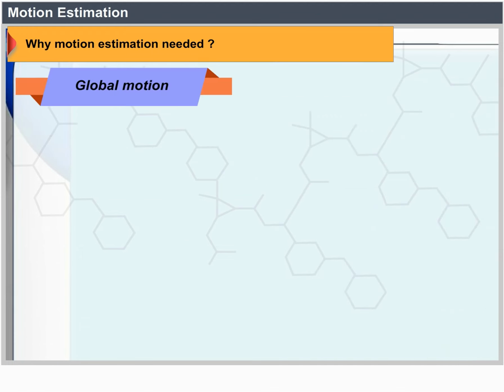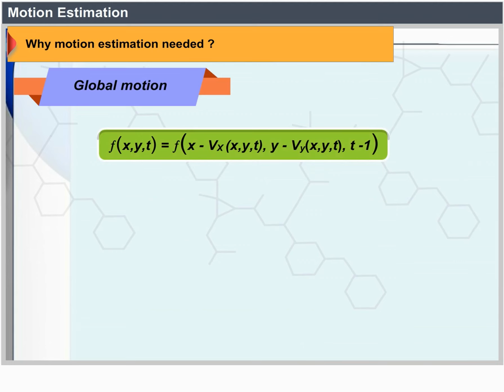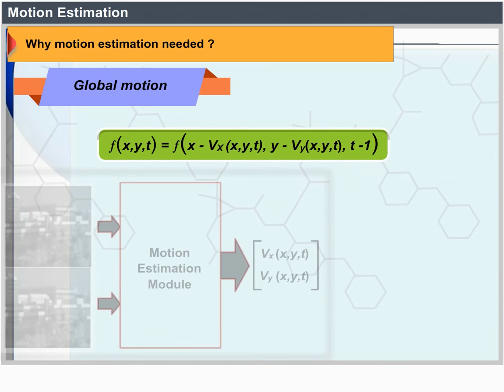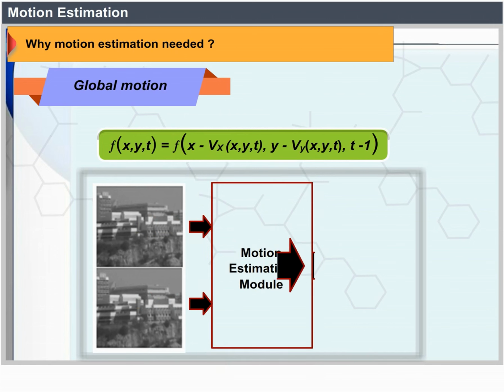The global motion equation is f(x, y, t) = f(x - vx(x, y, t), y - vy(x, y, t), t - 1). The motion estimation problem is represented on screen.